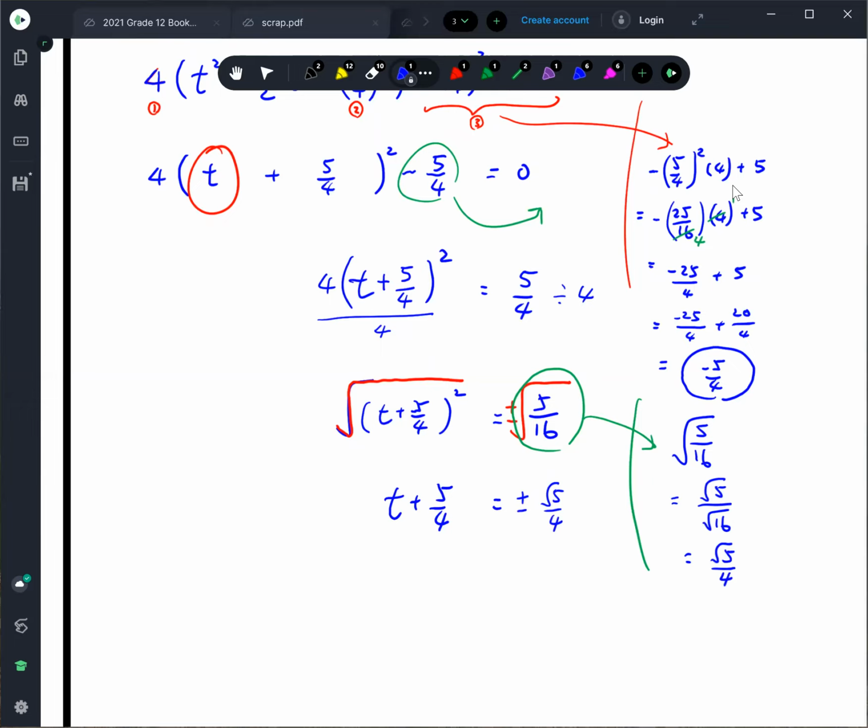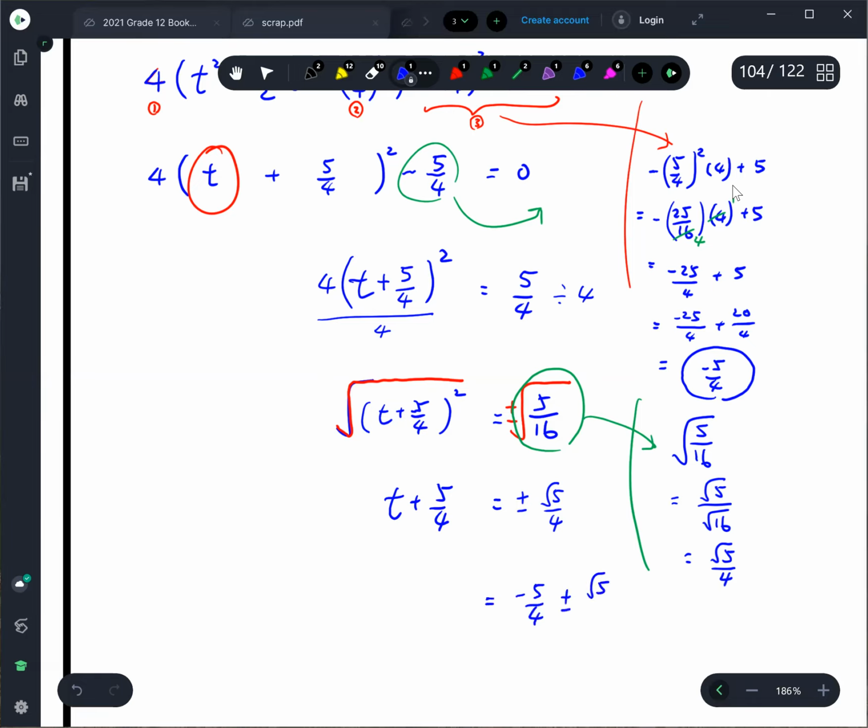Do you move the 5/4 on the left side over? That's right. So then it's square root 5/4 minus 5/4. So the 5/4 will become minus, right? That number, you put it in front. That's also another mistake, but it's not really a mistake. It's the form that we prefer to keep it in.